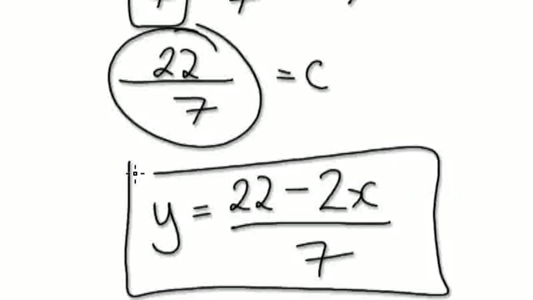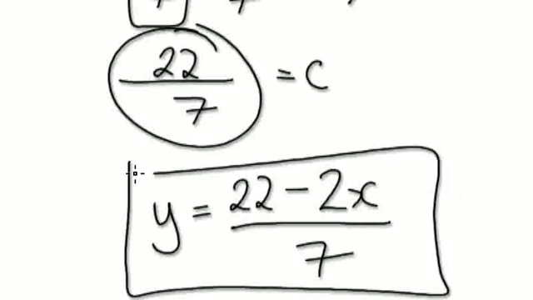That will be 0 equals 22 minus 2x over 7. Now times both sides by 7. 0 times 7 would be 0 equals 22 minus 2x. Now you want to get x on its own, but at the moment it's a negative 2x. So add 2x to both sides.